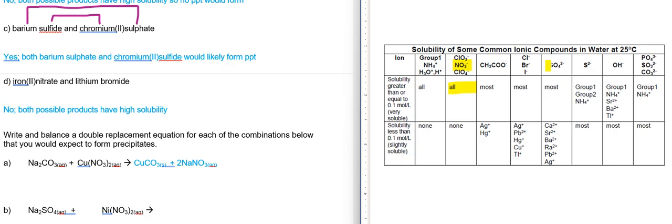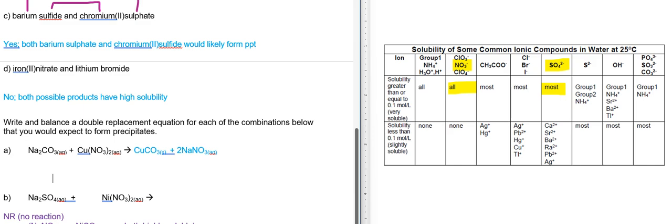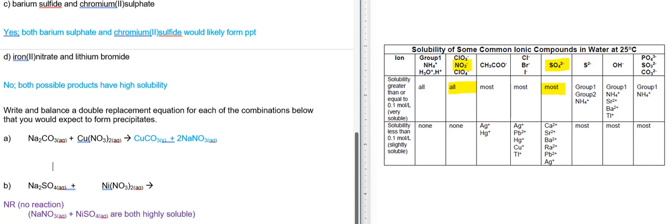The sulfate's a little more complicated, so we need to see, is nickel one of our exceptions? No nickel anywhere in that list, so it's our most, so it's also soluble. So we would say no reaction on this one, or NR. If we were writing those products, we would have to write them both as aqueous, which, you wouldn't notice any difference if you have aqueous and aqueous before and after.